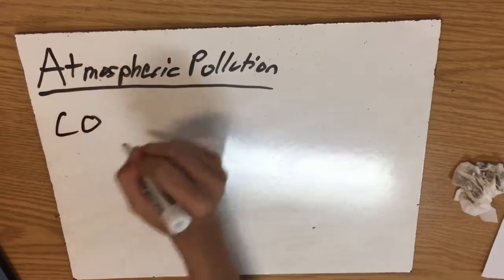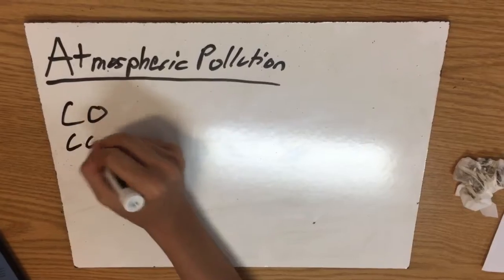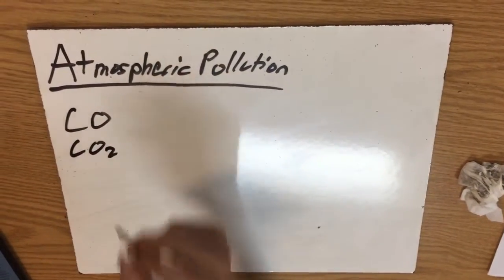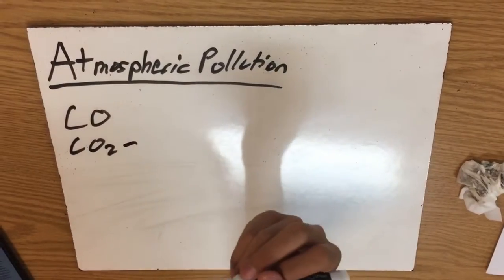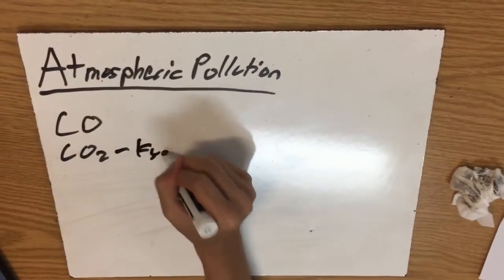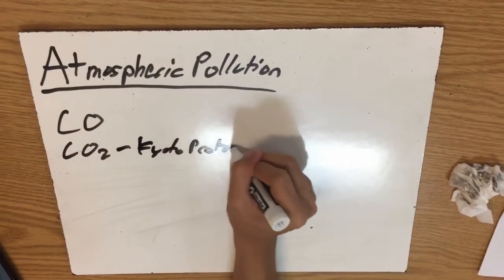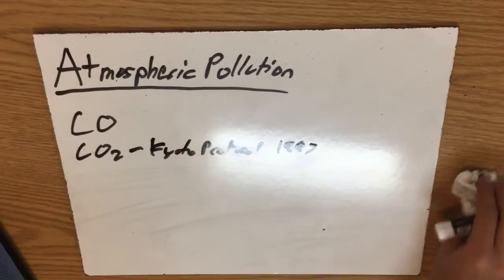We have carbon monoxide, which is created from incomplete combustion, and we have carbon dioxide. A really common question about carbon dioxide would be which act helped reduce this, and this would be the Kyoto Protocol. It's in 1997.